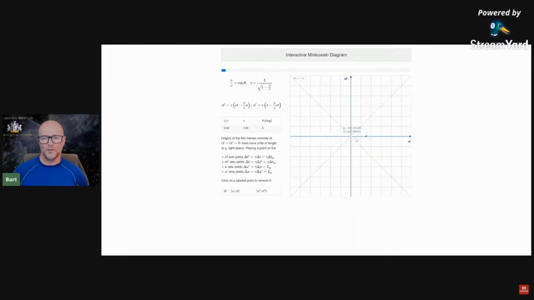Everything below this horizontal axis here is the past. That which has occurred, that which is gone. Okay. Everything above that is your future light cone, which is shown in 2 dimensions here.